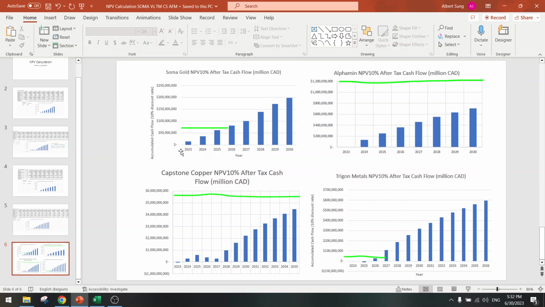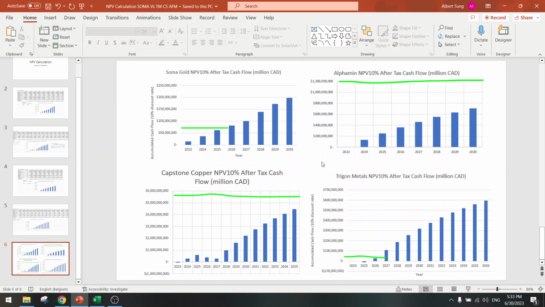If they can do it, then this is going to happen. And it looks very good. If gold can even go above 2000, then it will be even better than this. It's already good compared to these other projects from Alphamin and Capstone.